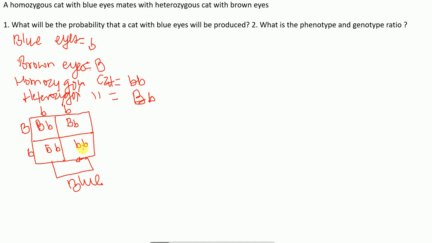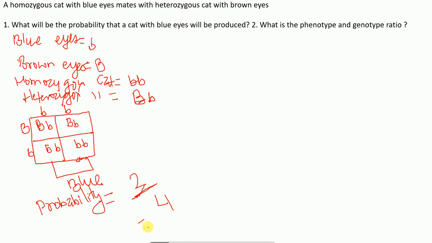So what will be the probability? In how many cases will we get a blue cat? 2. And the total number of chances is 4, so out of 4 chances, in 2 cases we will get a blue cat.